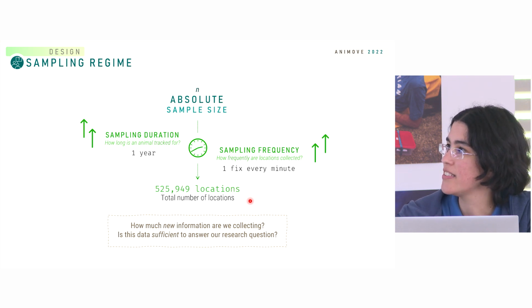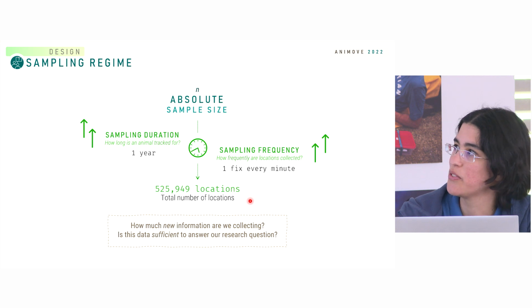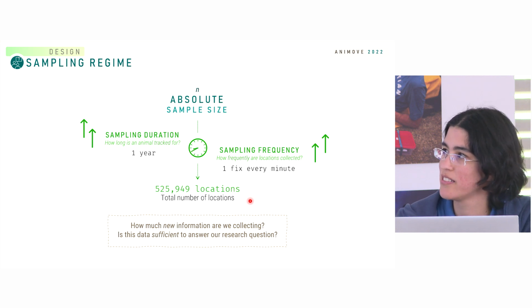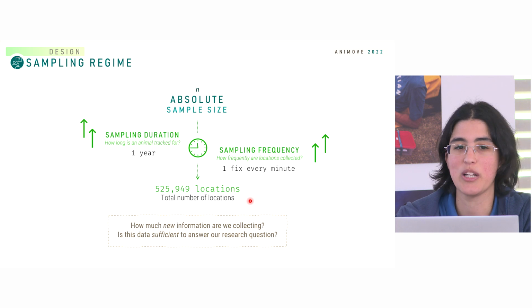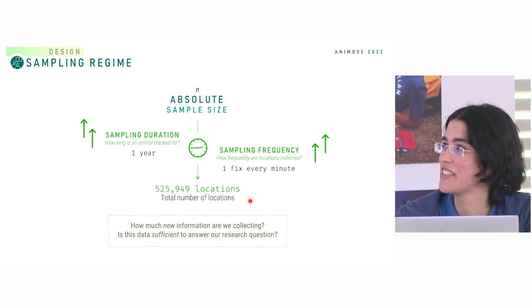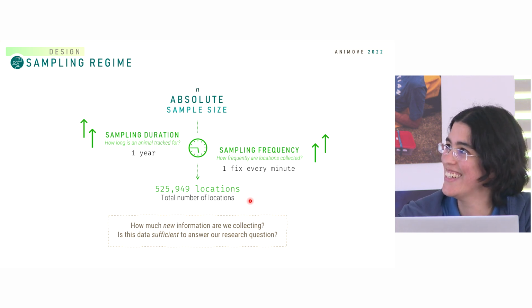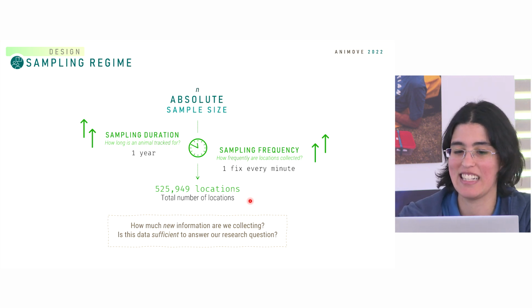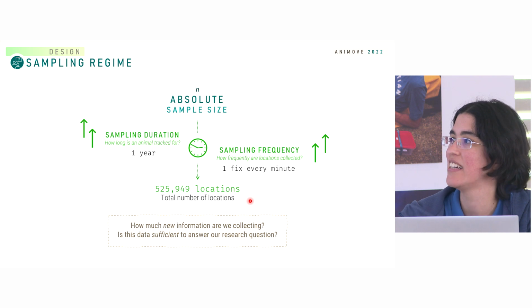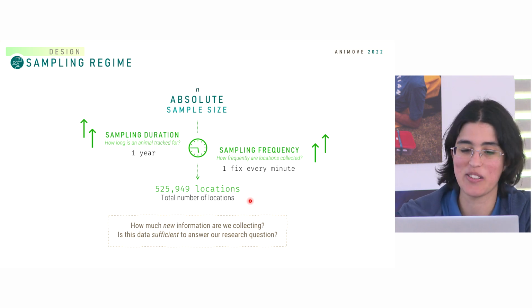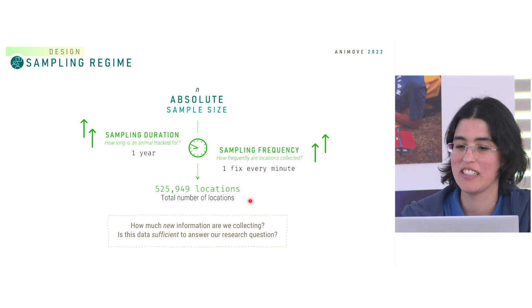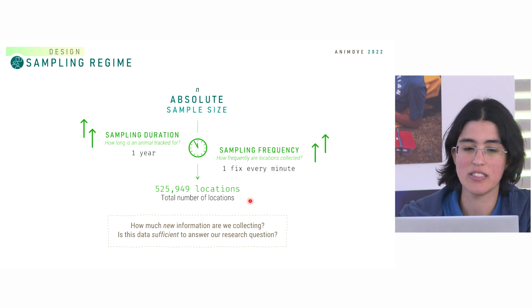But at a certain point, for example here, with 1 year of duration and one fix every minute, you end up with over 500,000 locations. Again, this is not very realistic. It would be nice to get high sampling duration and high sampling frequency and end up with a really nice location set, but that's not very realistic for what we get in the field.